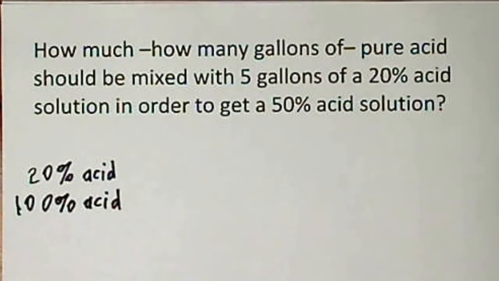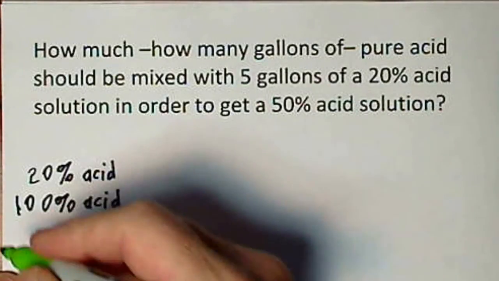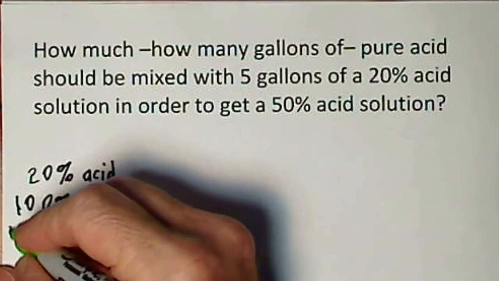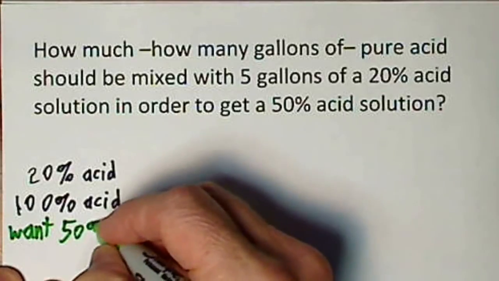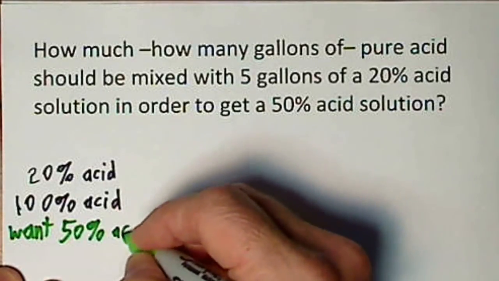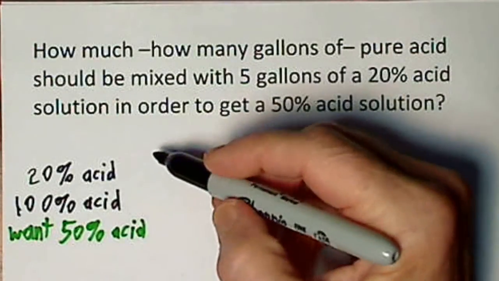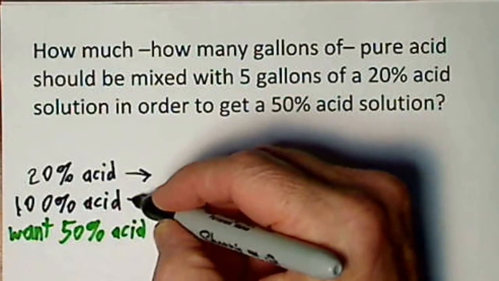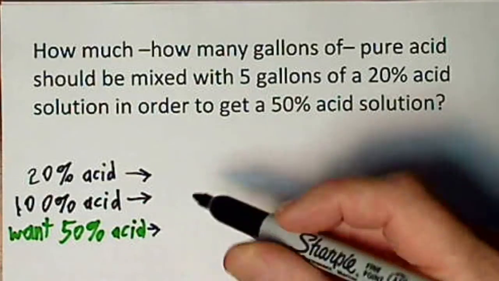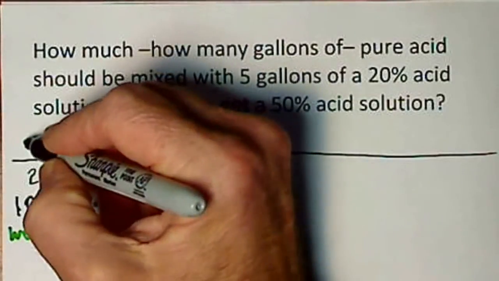And then we want a 50% acid solution. All right, and all we've done is just try to organize our categories here, so we can keep straight what we're talking about. So these are just the categories.